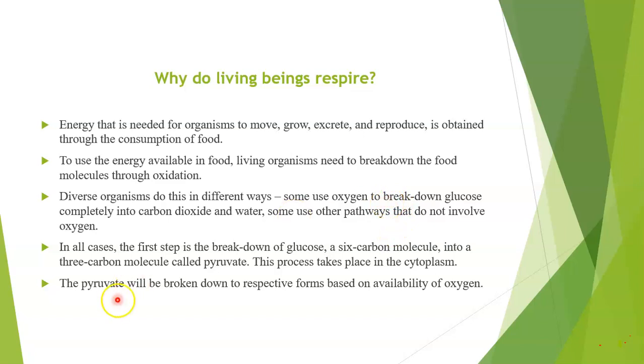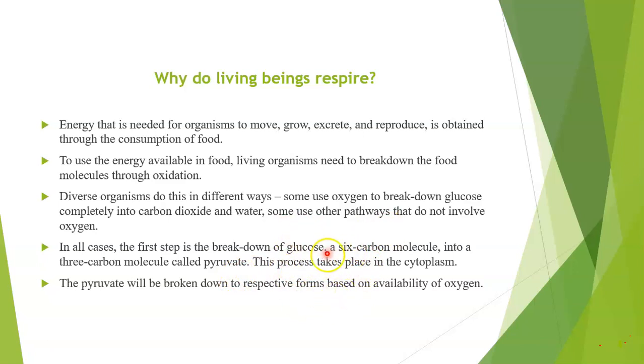Now in both the pathways, the first step is the same, which is glucose. Glucose is a 6 carbon molecule, and this 6 carbon molecule is broken down into 3 carbon molecules called pyruvate. This step happens in the cytoplasm of a cell.